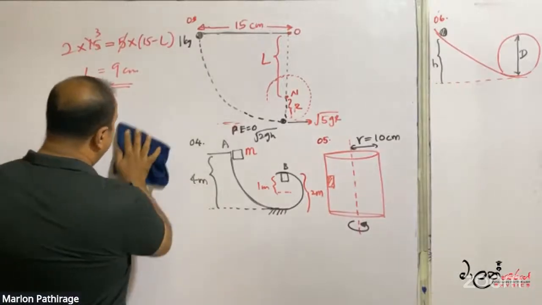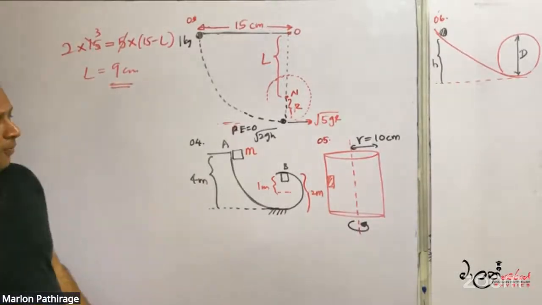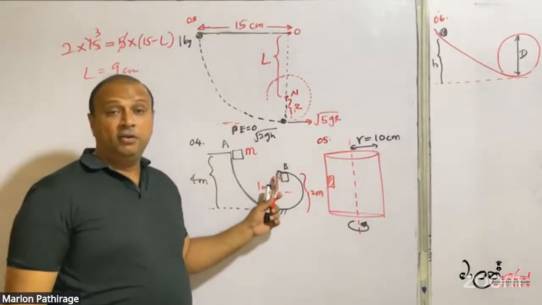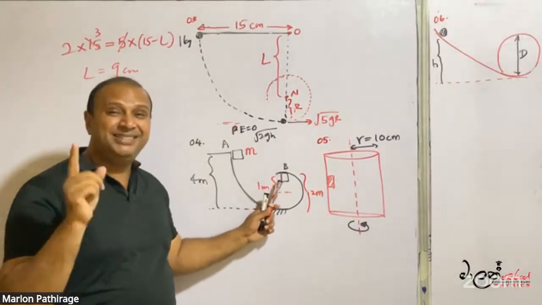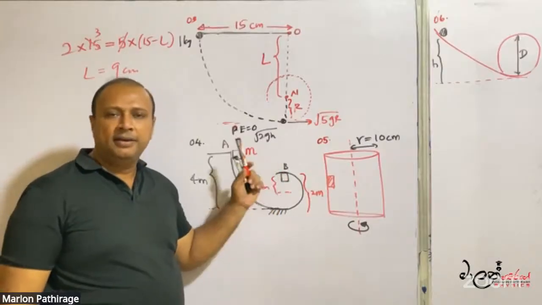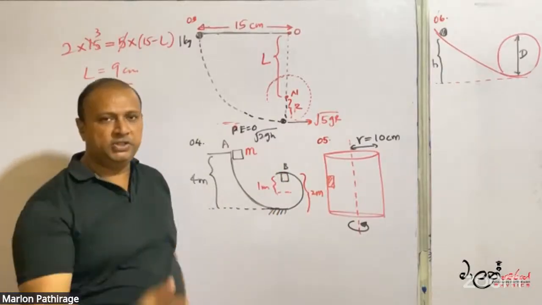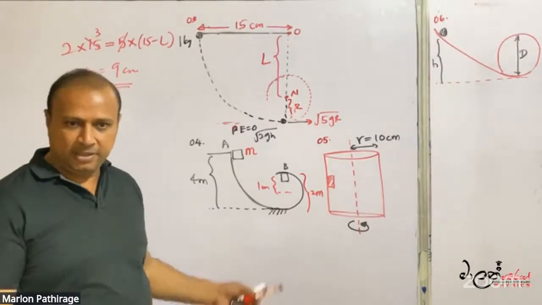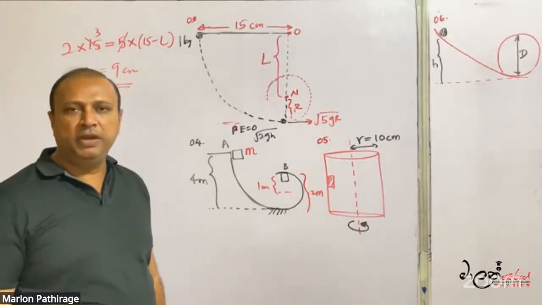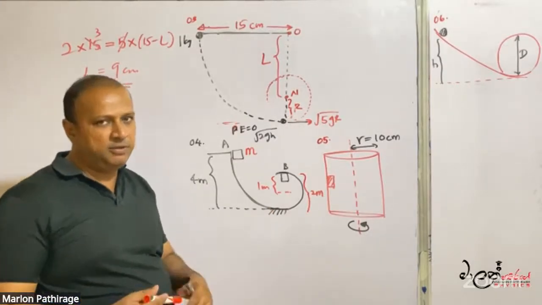Now look. You know what the tension force is when the object just reaches the topmost position. Here the reaction force should be equal to 6 mg. 6 mg, we have done that.